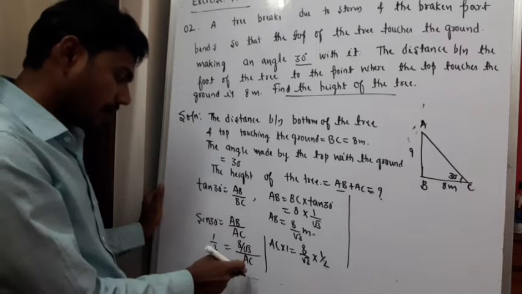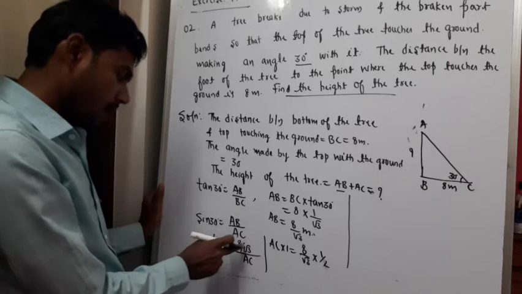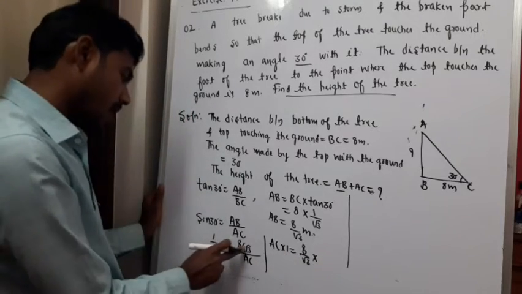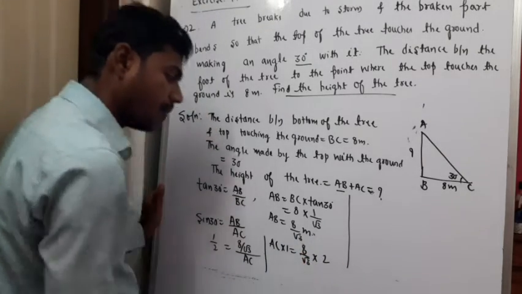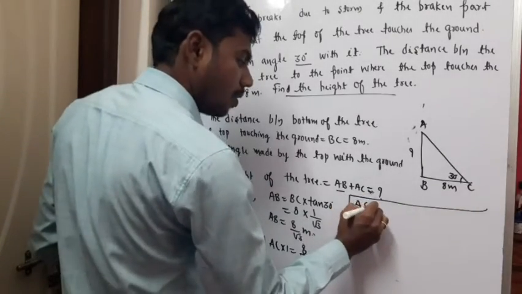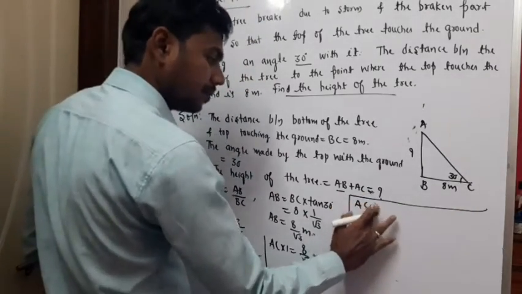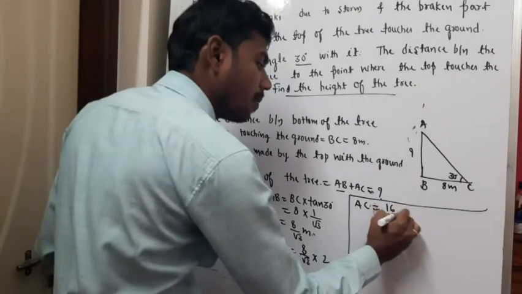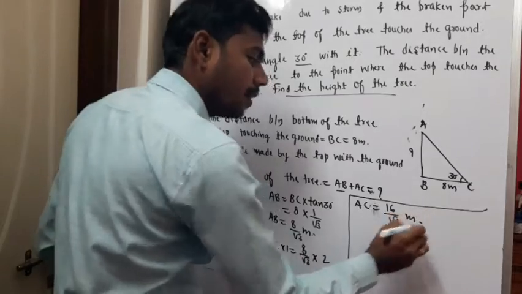Then cross multiply: AC into 1 is 8 by root 3 into 2. Therefore, AC is equal to 16 divided by root 3 meter.